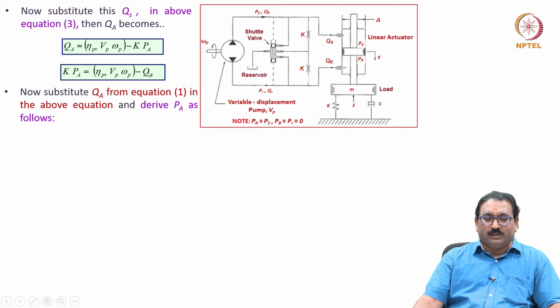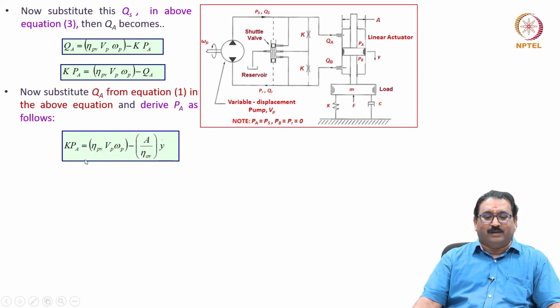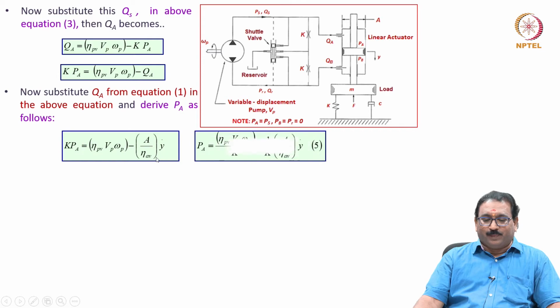This QA from equation 2 will be substituted here, because our objective is to determine PA and PB. Now K PA equals this; I am substituting K equal to A divided by this, then PA equals this divided by the K here. Correct, friend? We can call it a very important equation, the pressure at side A, equation number 4.